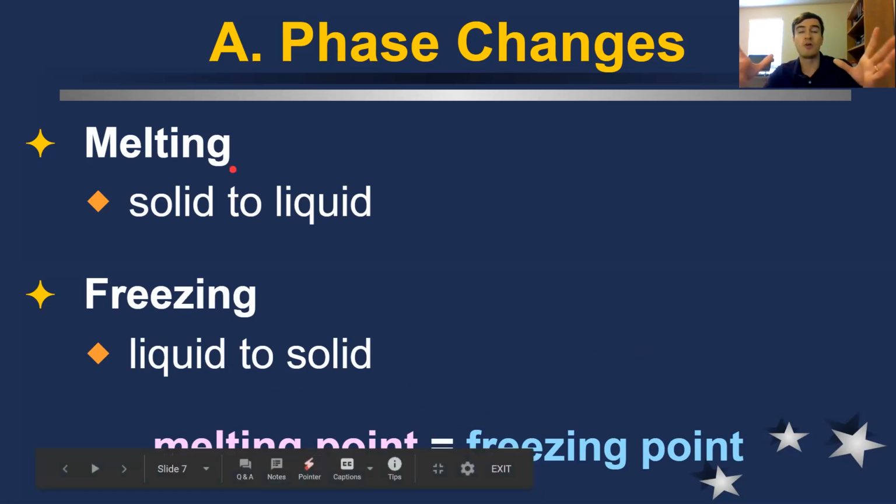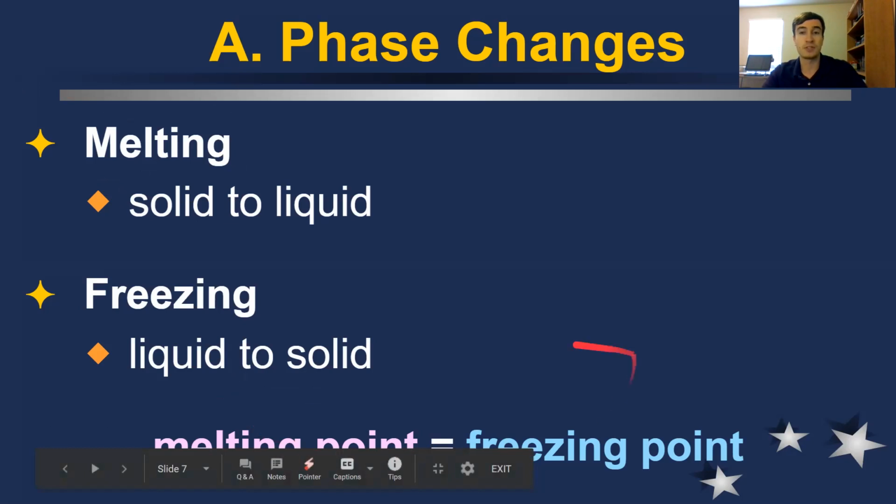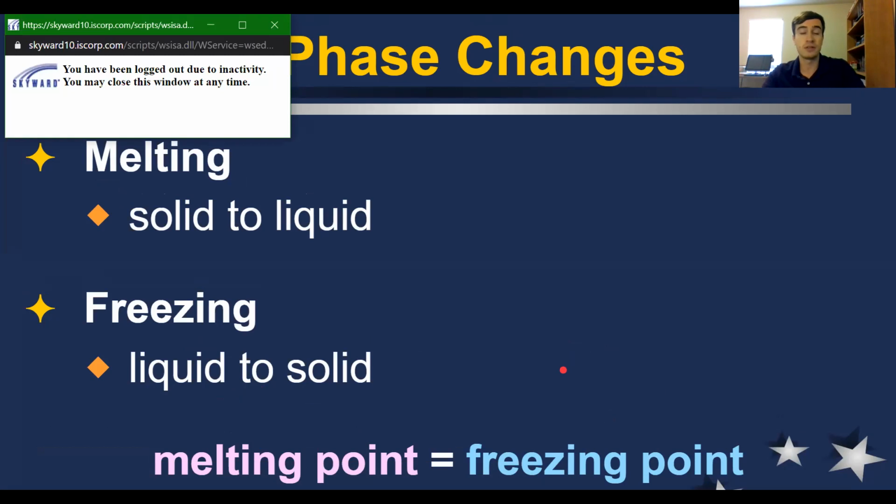Similarly, if you take a whole bunch of water, stick it in the freezer where the temperature is below 0 degrees Celsius, then that liquid water will start freezing and eventually turn into a solid. So the temperature where this happens is called either the melting or the freezing point, depending on which direction you're going in, essentially.